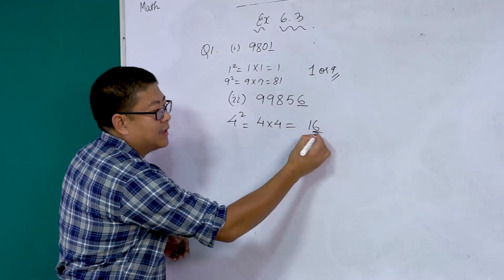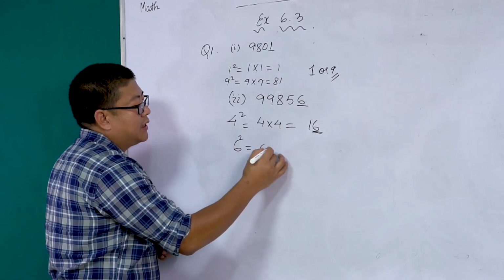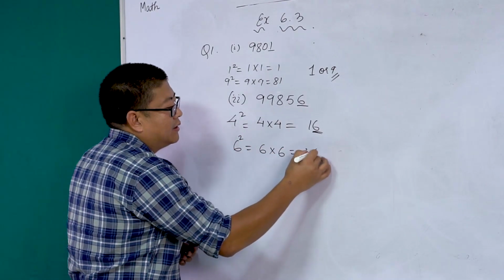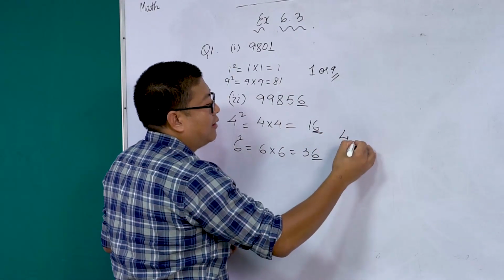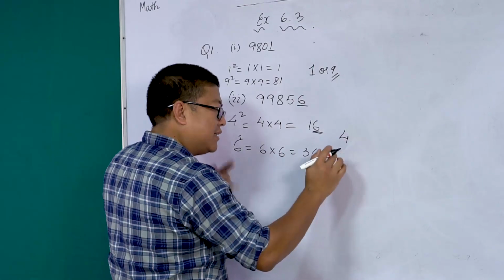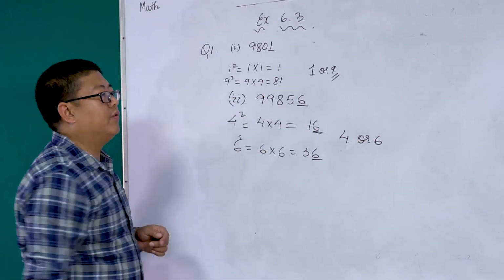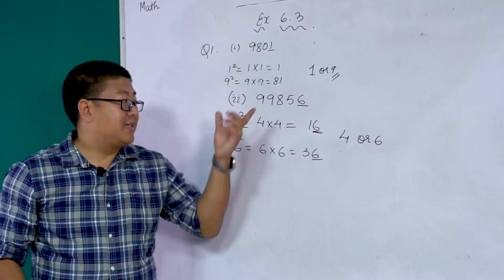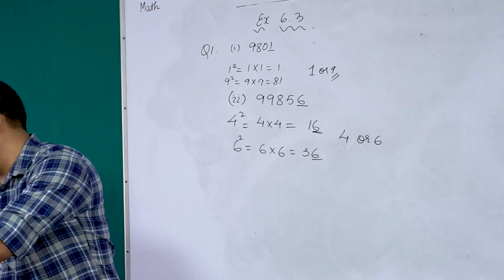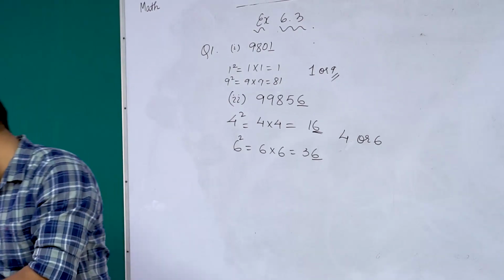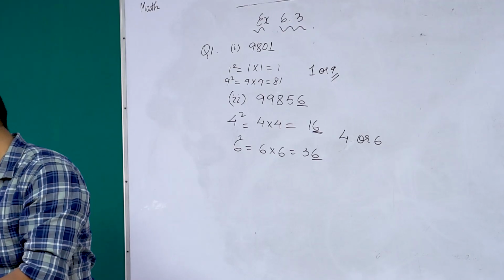Another number is 6 square, that is 6 into 6, we get 36. So here also the units digit may be 4 or 6 after we find the square root for this. In the same manner, we can complete 3 and 4 at home. We will move on to the next question.